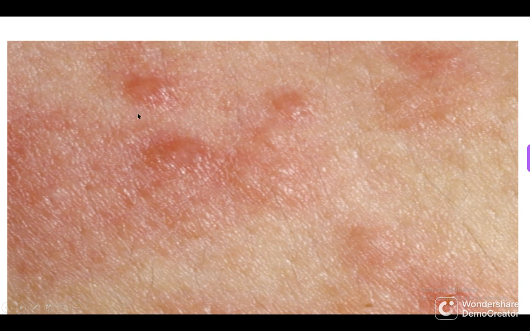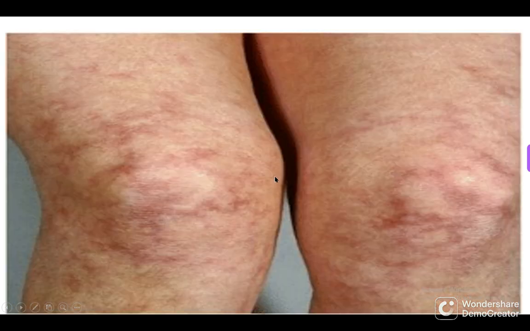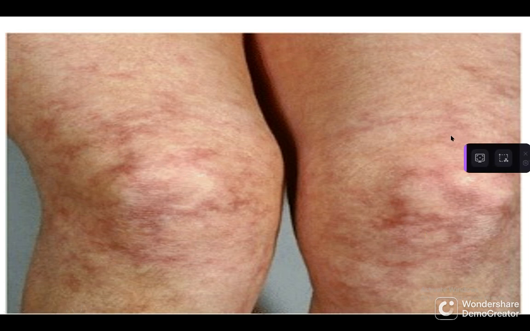But if the vessel is completely occluded or thrombosed, then of course the lesion is going to be a necrosed lesion. Afterwards, here it is seen on the lower limbs. You see, these are the rheumatoid nodules along with other parts. Erythematous types of rashes are seen.